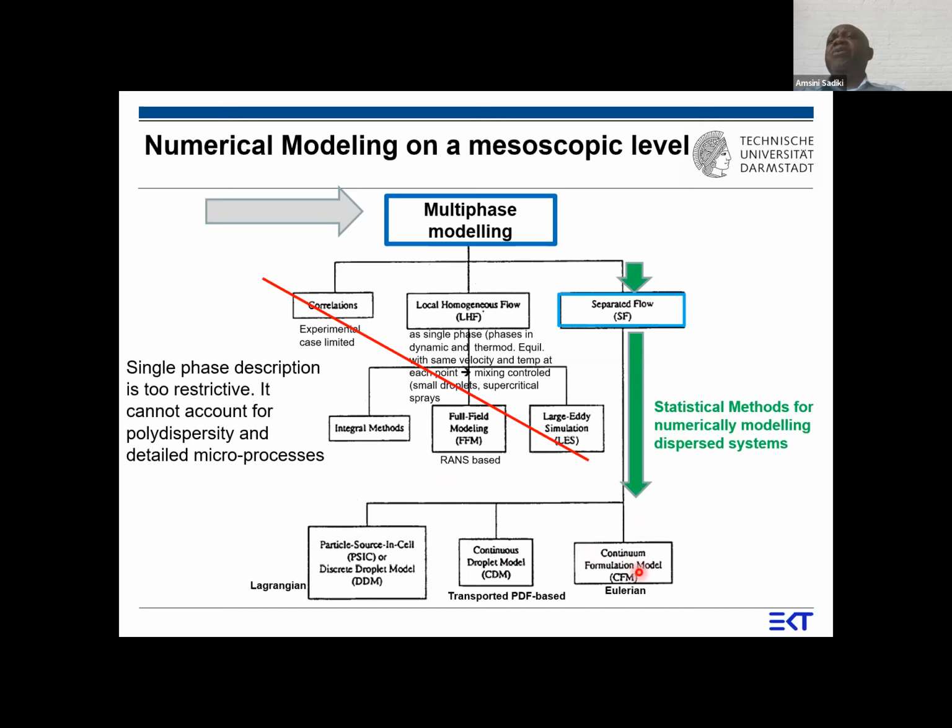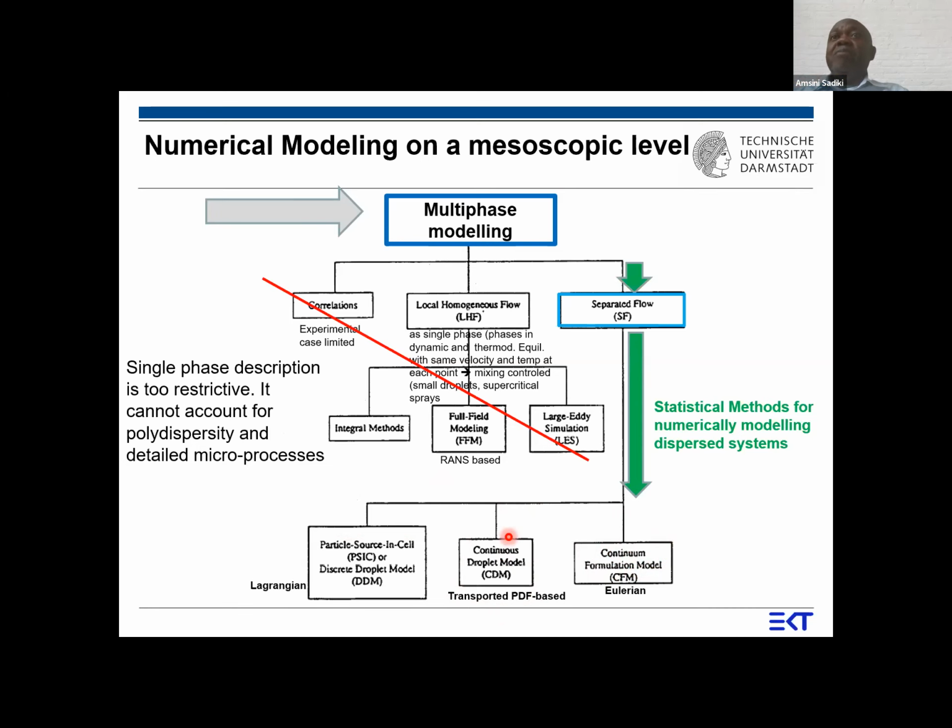And here we can consider the particle as a continuum, or we can also try to consider the transported PDF, the transported function as we had in this William equation.